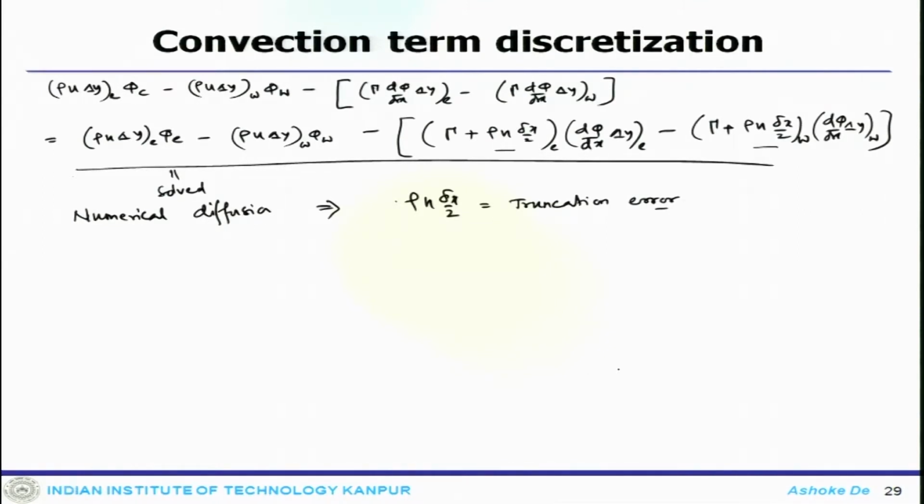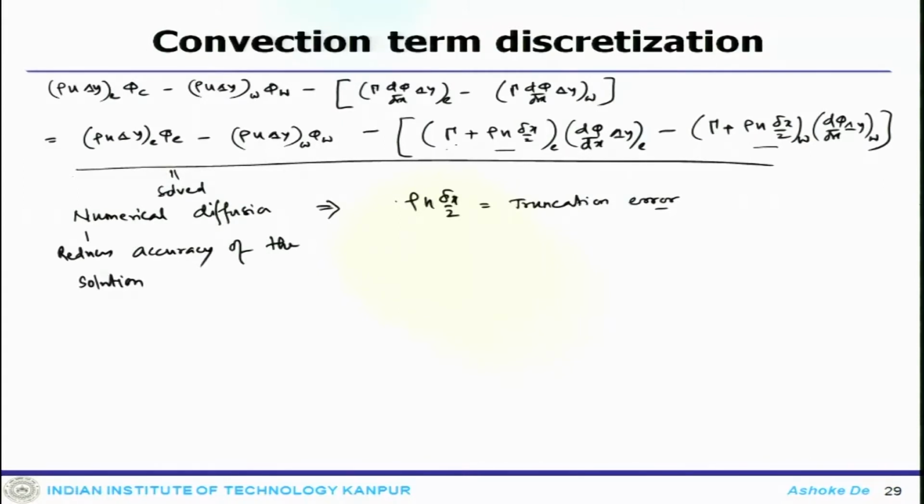This numerical diffusion actually reduces the accuracy of the solution. It diffuses the solution more. Therefore, the convection diffusion equation has an effective modified value of the diffusion effect.